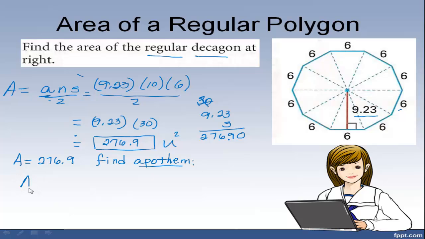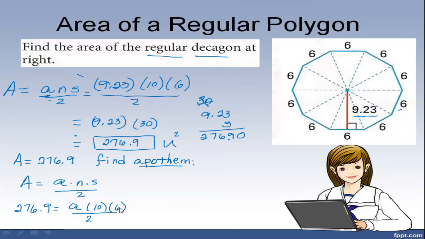So I write my formula, which is a times n times s divided by 2. I plug in all the values that I have. I know the area is 276.9. I don't know a. I know the number of sides is 10. And I know that each side measures 6, and I have to divide by 2. So the first thing I'm going to do here is, you could do a couple of things.